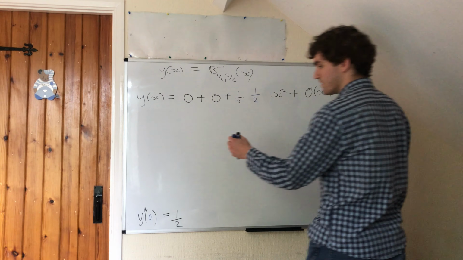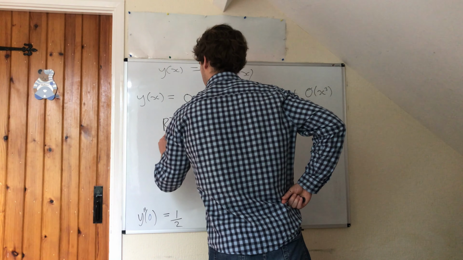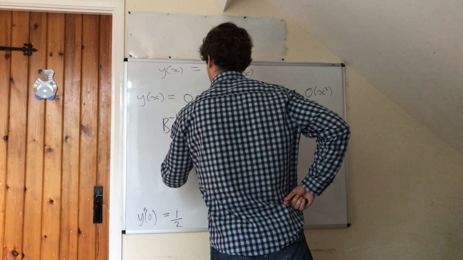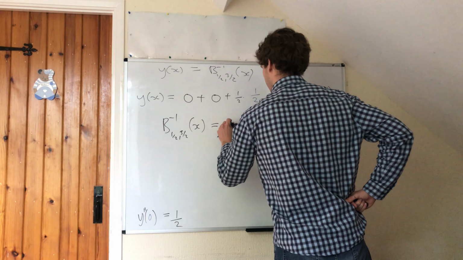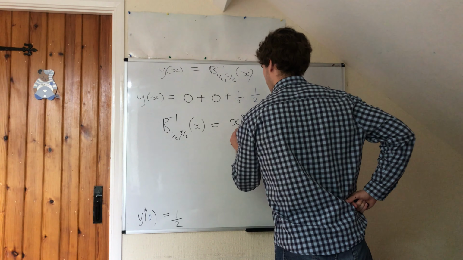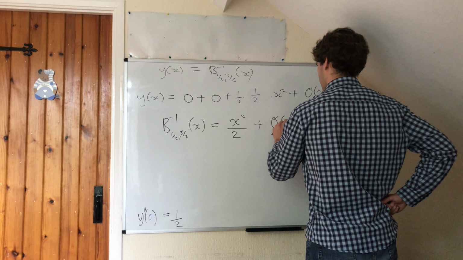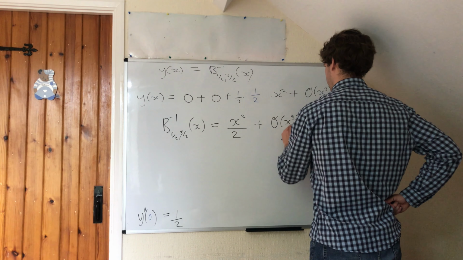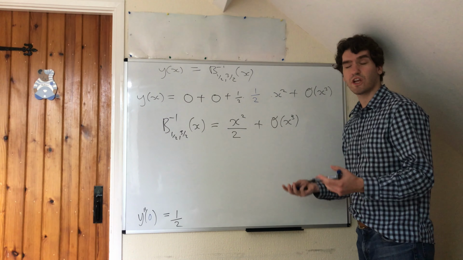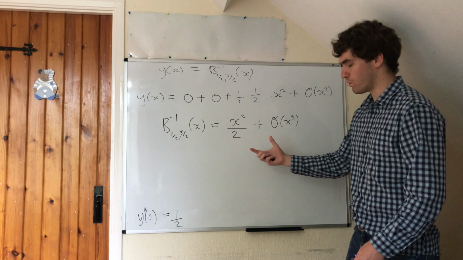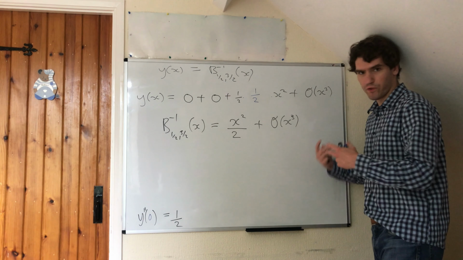So what we finally get is that y of x, which is equal to this, our inverse incomplete beta function half 3 over 2 of x, or rather the Taylor series, is equal to half x squared divided by 2 plus some higher order terms which go from x cubed. Now you might think there are also some convergence issues with some of the higher order terms, and actually we're beyond the scope of this video.